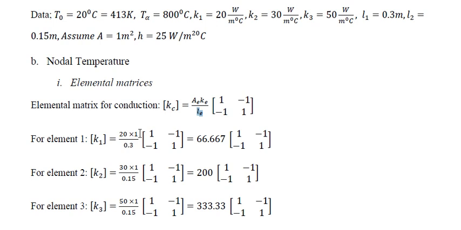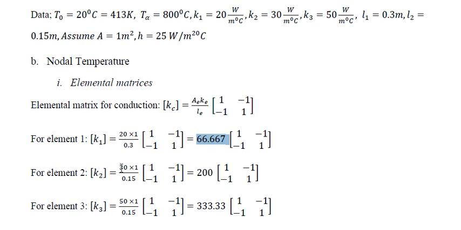What shall we do? We will assume the area as 1 meter square, written here. The conductivity of the material is 20 for the first material. Length is 0.3. We will get 66.667.